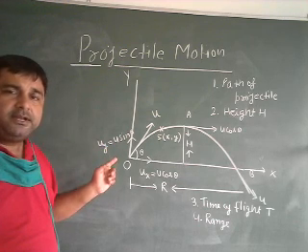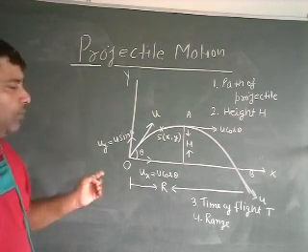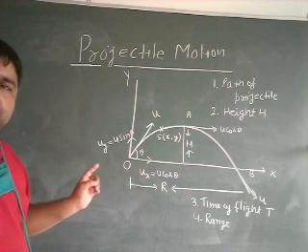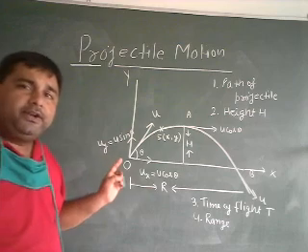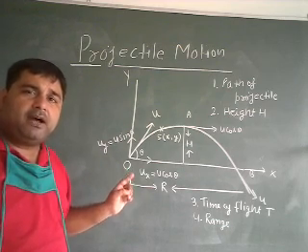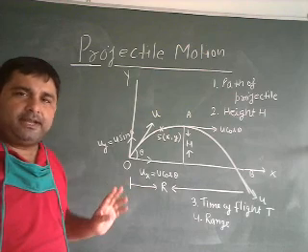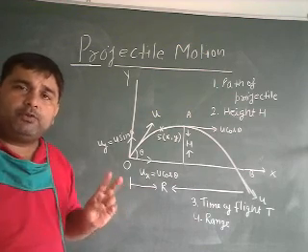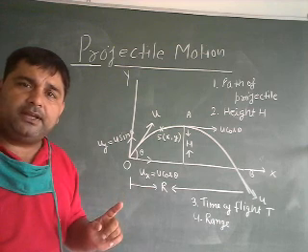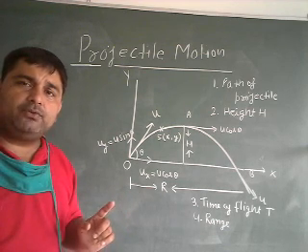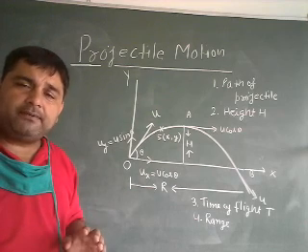Using this in the second equation of motion in the OY direction, you have y is equal to u sin theta t minus half g t square. This is your equation number second. You have two equations. Equation first, x is equal to u cos theta into t. Second, y is equal to u sin theta t minus half g t square.